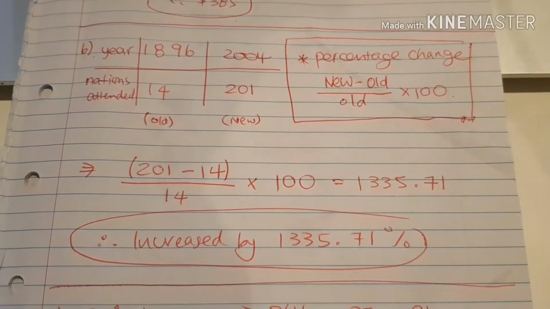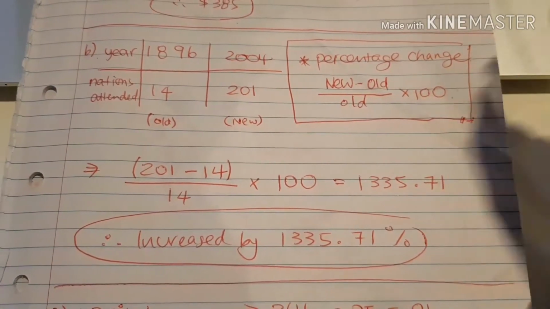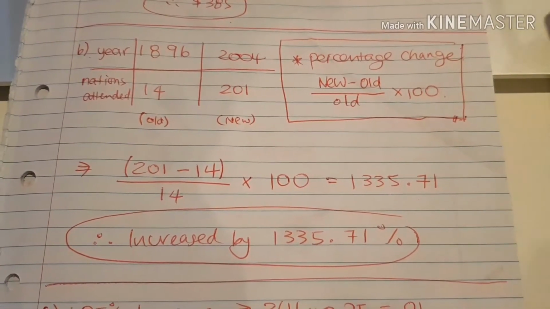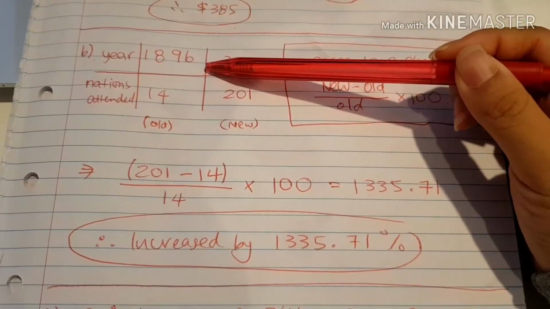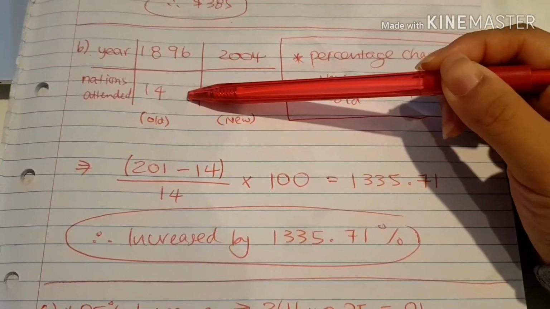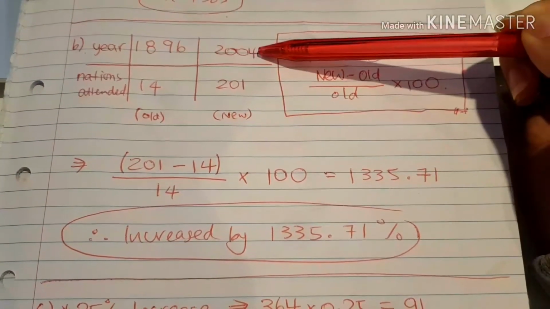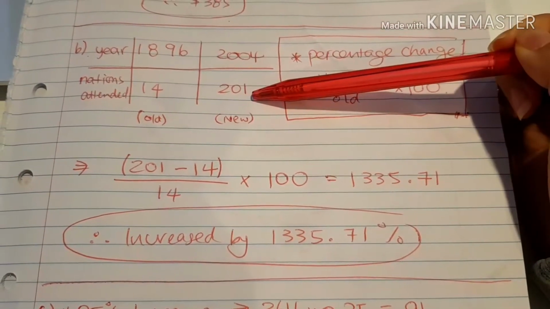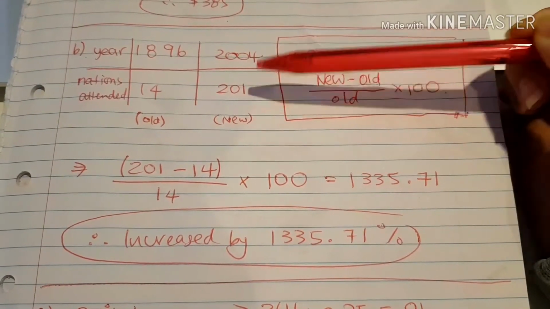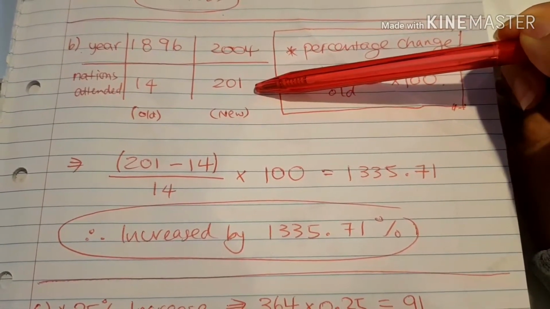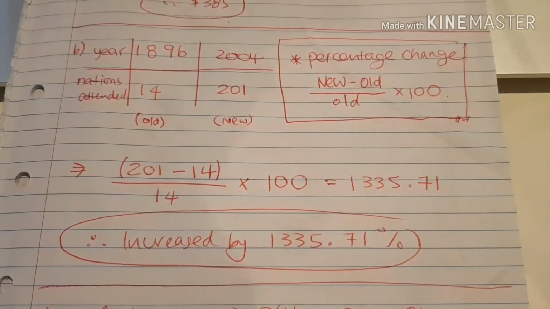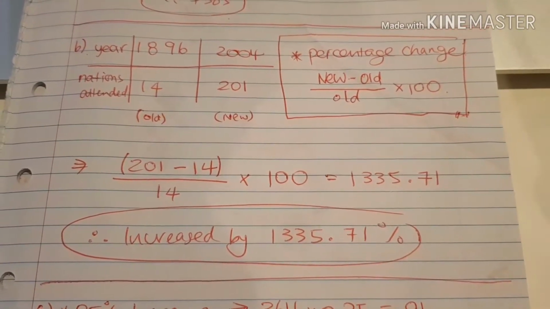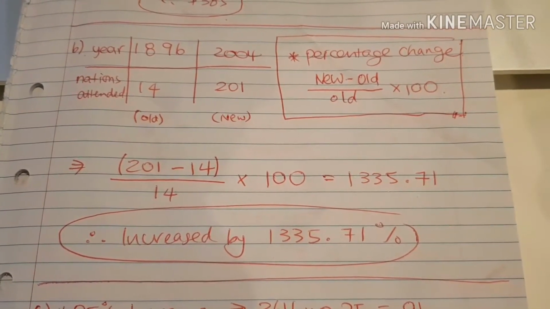Okay, for this question, I drew up the chart. Okay, to have a look, in 1896, right, there were 14 nations attending, and in 2004, 201. Okay, now it was asking what the percentage increase in the number of nations is.